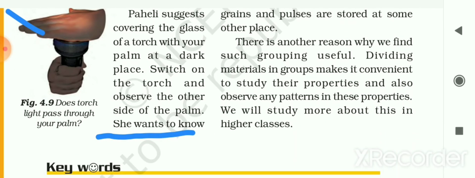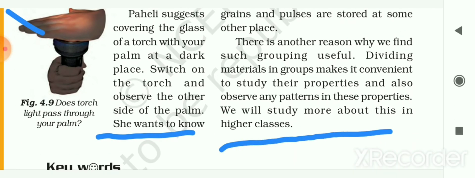There is another reason why we find such grouping useful. Why is this grouping useful? Dividing materials into groups makes it easier to study their properties and also observe any patterns in these properties.